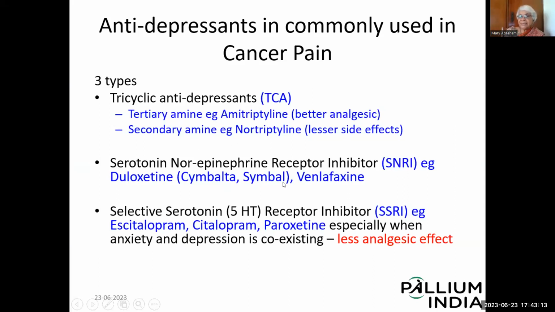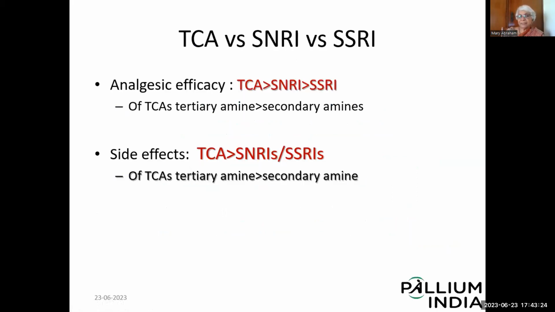Whereas SNRI has a little less than tricyclic, but more than SSRI. SSRI is mainly for anxiety and depression, less analgesic. So this is telling the same thing: TCA has more than SNRI, more than SSRI. And side effects, TCA has more side effects as compared to the SNRI and the SSRI.